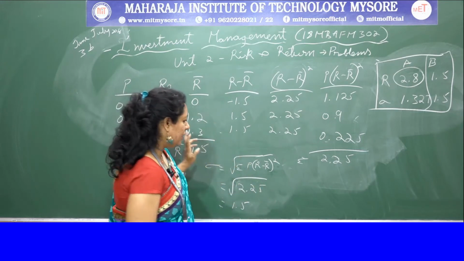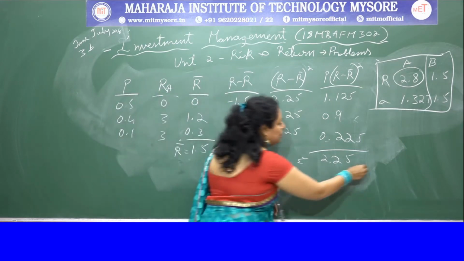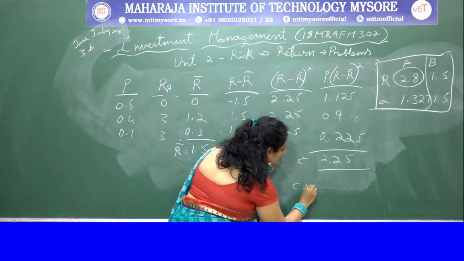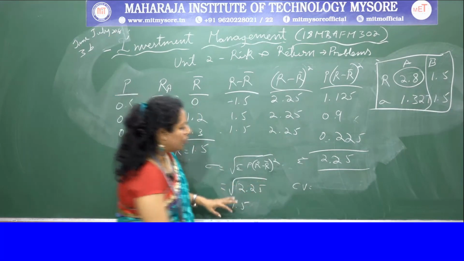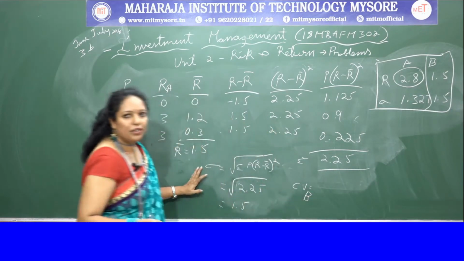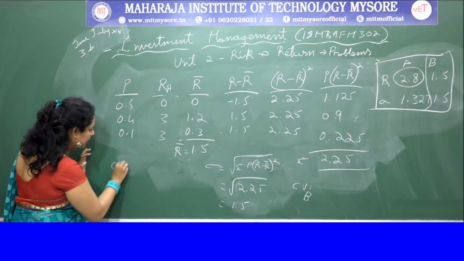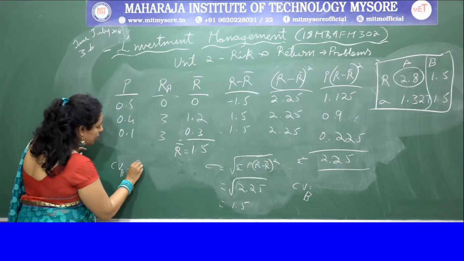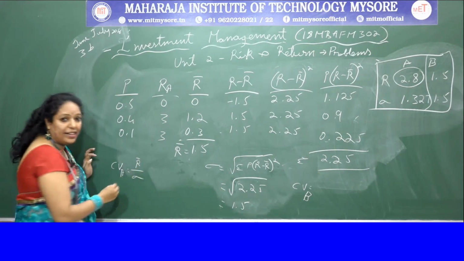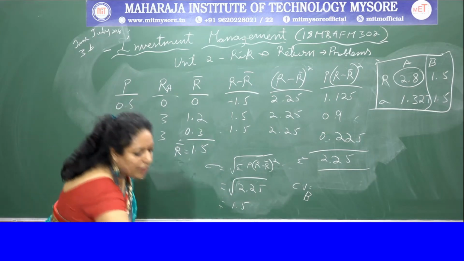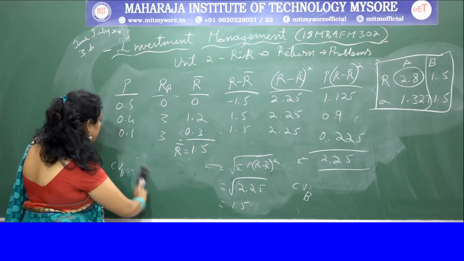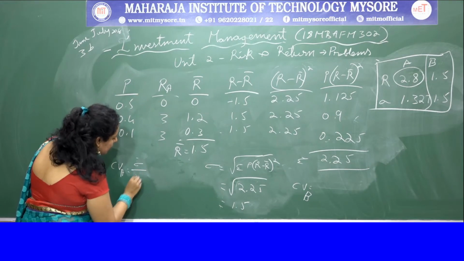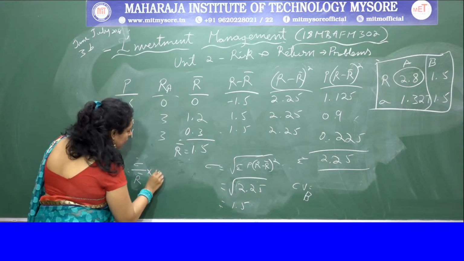CV calculation, let's do one problem of CV calculation. Before B security, we will make security A calculation. CV formula is standard deviation divided by mean into 100. Standard deviation divided by R bar into 100.